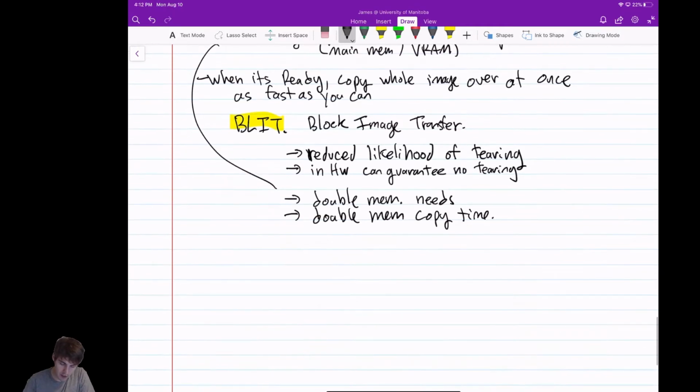It's interesting to note that game devices like game consoles used to have dedicated hardware for this, even in the old days, to make sure you don't have this problem.